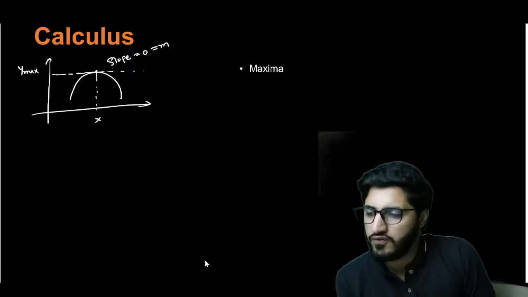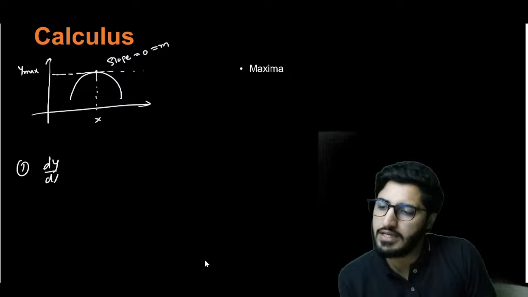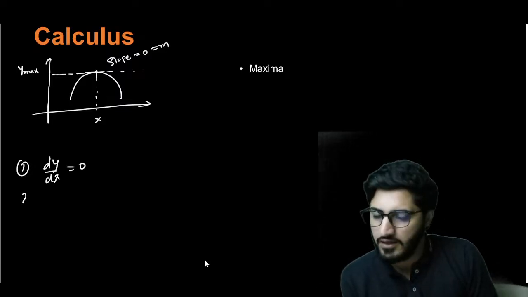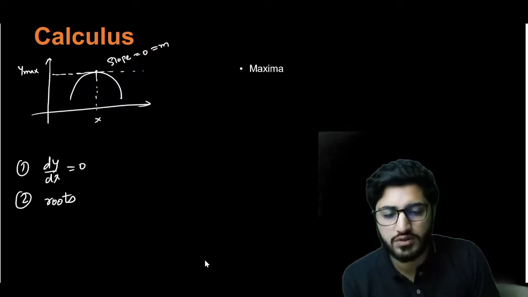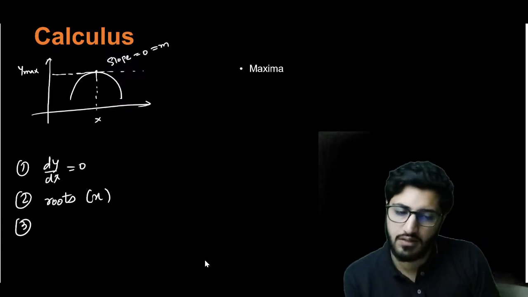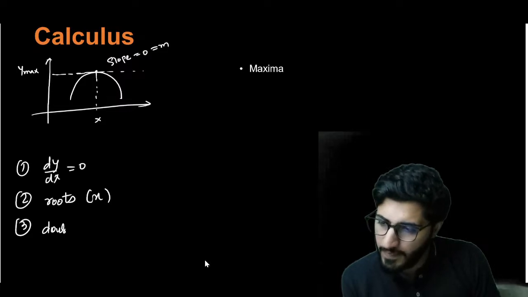Now you have to follow certain steps to find whether it is a maximum or minimum. First, take dy by dx, do differentiation and equate it to 0. Secondly, find the roots of x. Thirdly, do double differentiation.